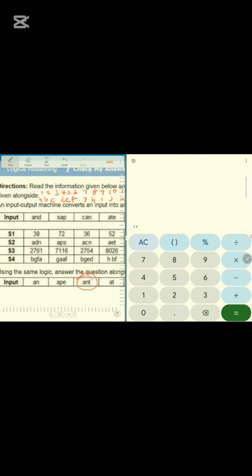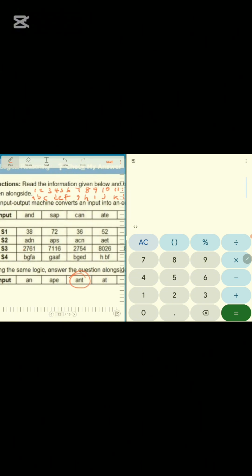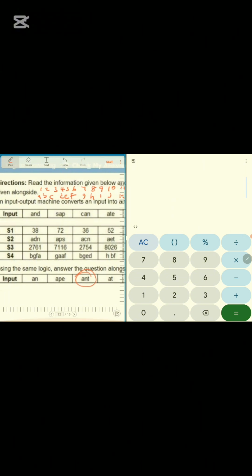I took 8, 8 squared is 64. 64 minus this 3 will give me 61. When I tried it here, 7 times 7 times 7 will return a unit digit of 3. So that is not correct.